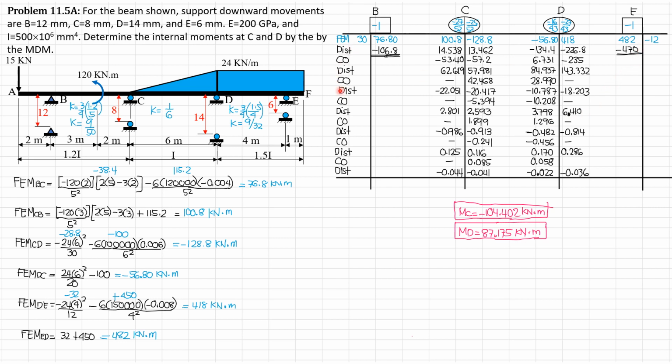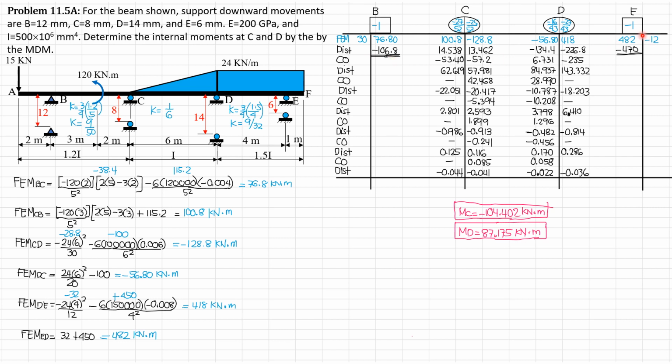The next step is to distribute this unbalanced moment. Quantity 30 plus 76.8 times negative 1 is negative 106.8. So we lock it finally because we know that the final moment BA is 30 and the final moment BC is negative 30. 76.8 minus 106.8, that's negative 30. So that is already balanced.